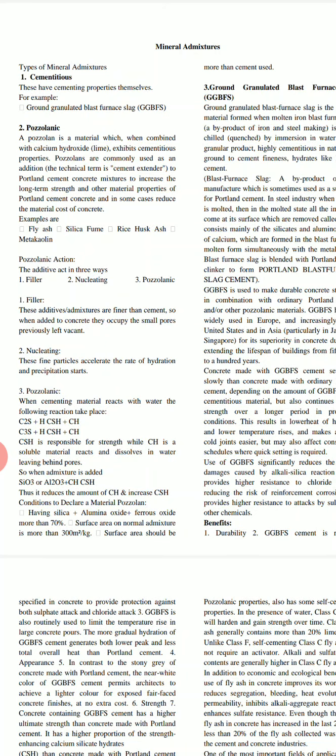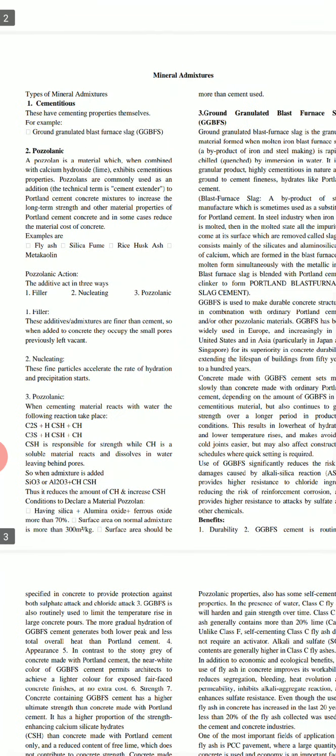First, the pozzolanic action, where the pozzolanic materials are used as a filler, nucleating and pozzolanic material. Filler means these additives or admixtures are finer than cement, so when added to the concrete, they occupy the small pores previously left vacant.